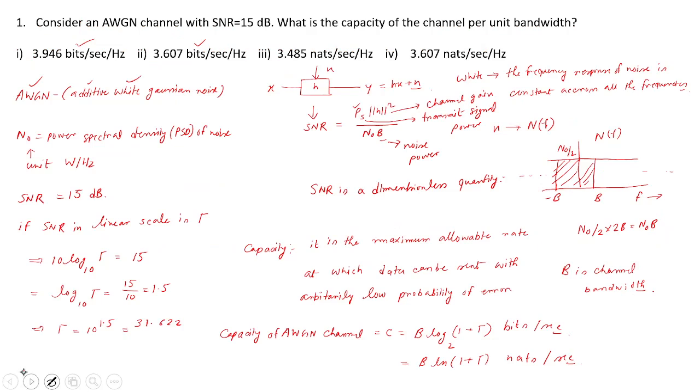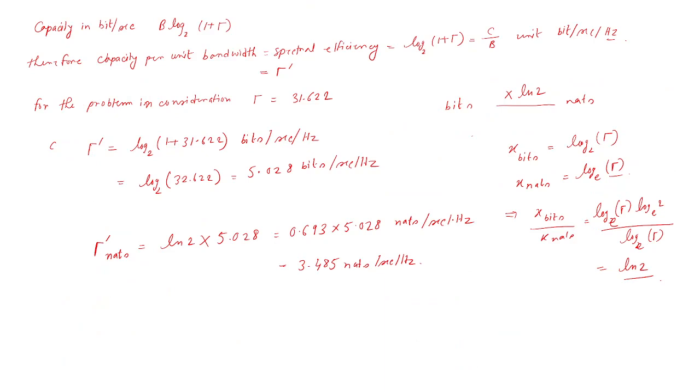Let us check whether this matches. Okay, this one does. The third one is the correct answer. The capacity per unit bandwidth of the channel for this problem comes out to be 3.485 nats per second per hertz.